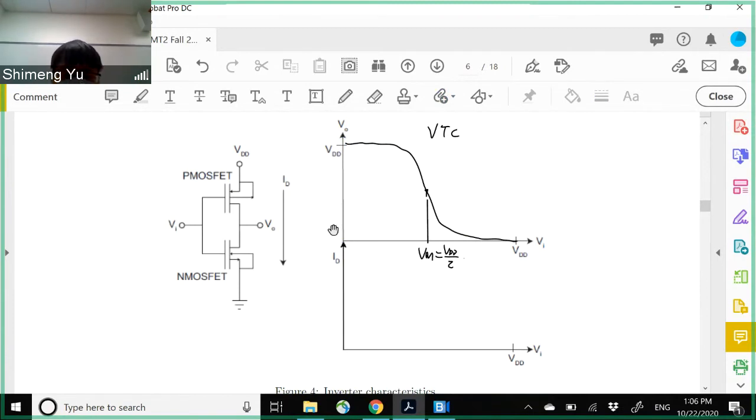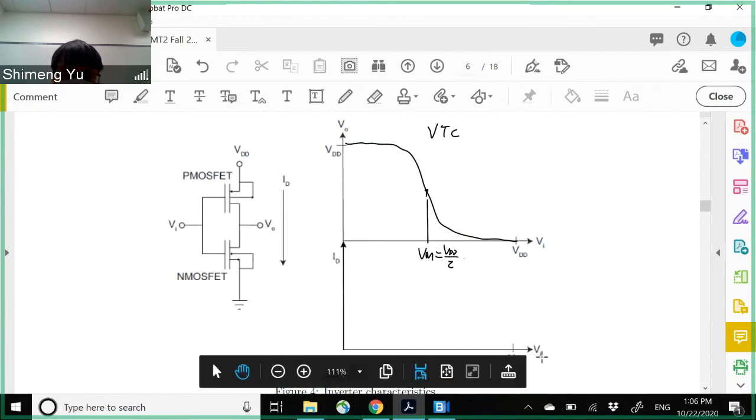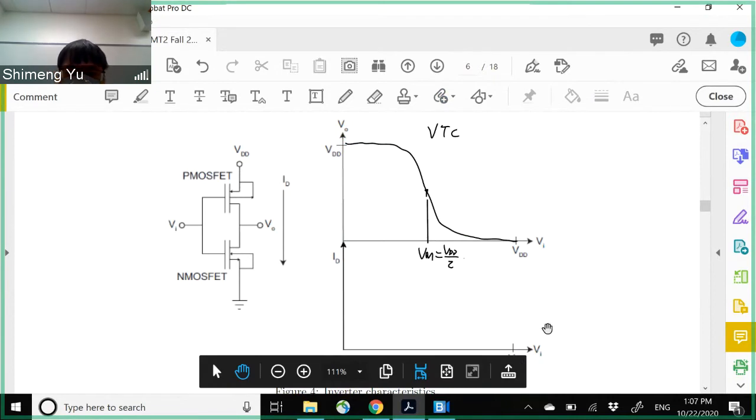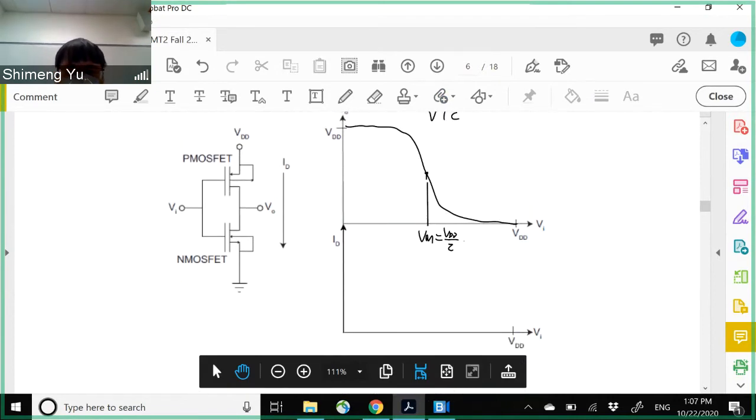And second, draw the ID versus the input voltage. When you increase the input voltage from 0 to VDD, the current from both NMOS and PMOS should be the same. This current is continuous, and it is going to change as a function of the input voltage. This kind of plot is in one of the lecture slides.